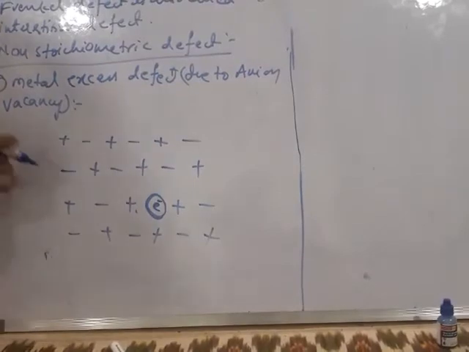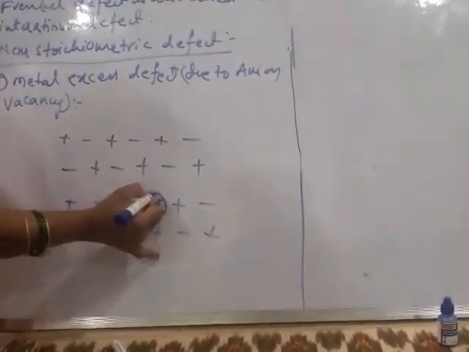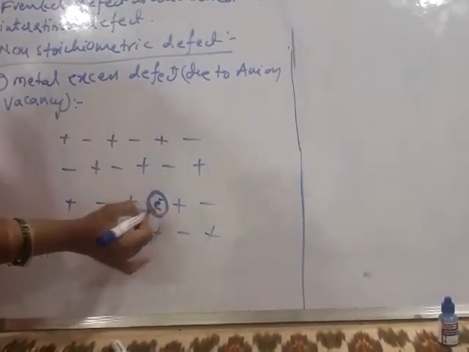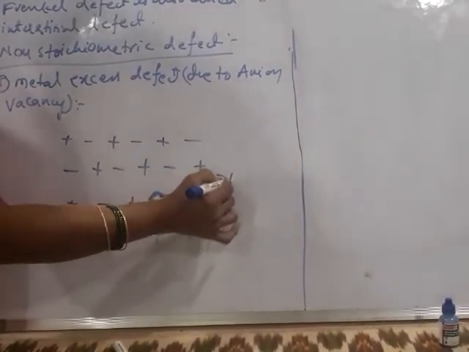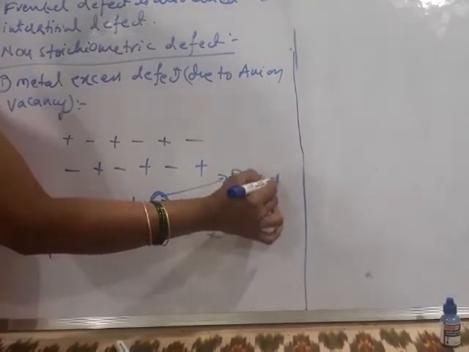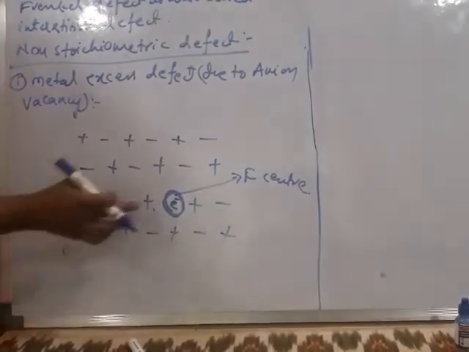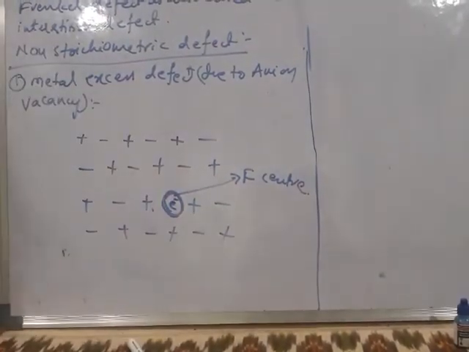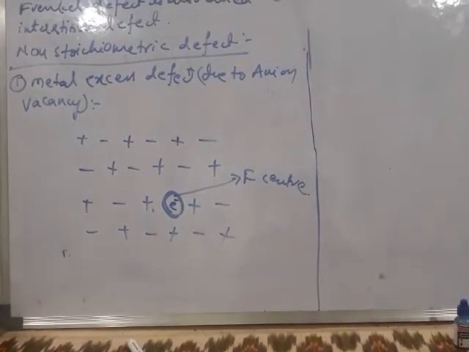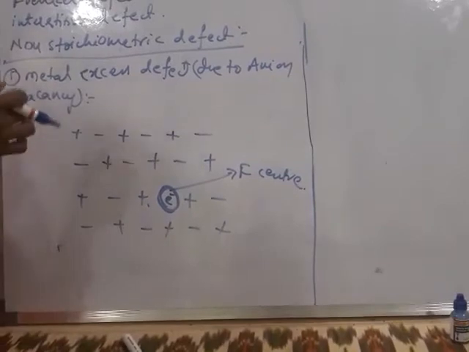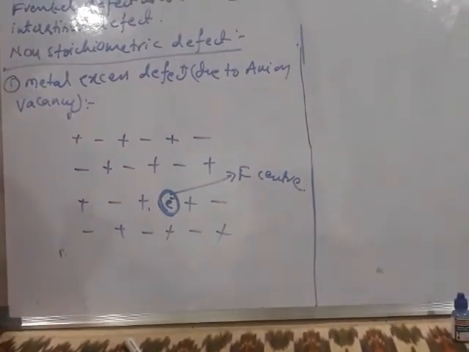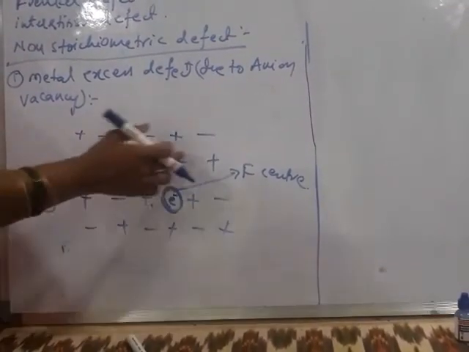Holes which are occupied by electrons, negatively charged particles, are called F centers. So this is an F center. The F center is also called a colored center.